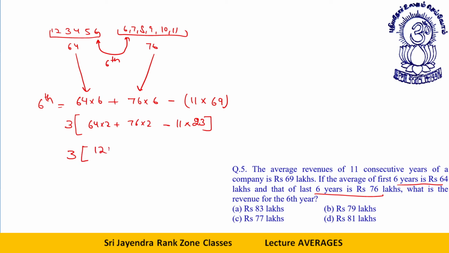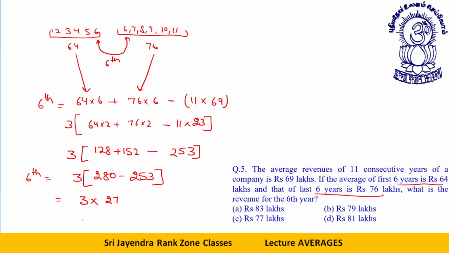That way, this is 128 plus 152 minus 253. That will give me the sixth value equal to 3 into 280 minus 253, or 3 into 27. That will give me 81 lakhs. Okay, dear students.